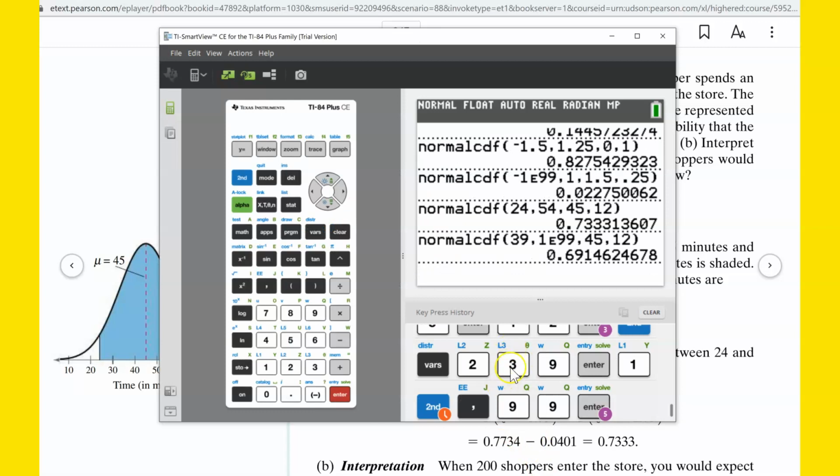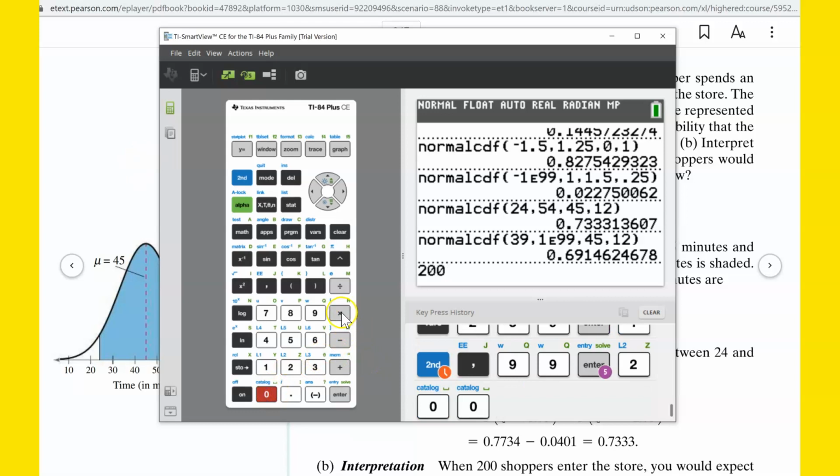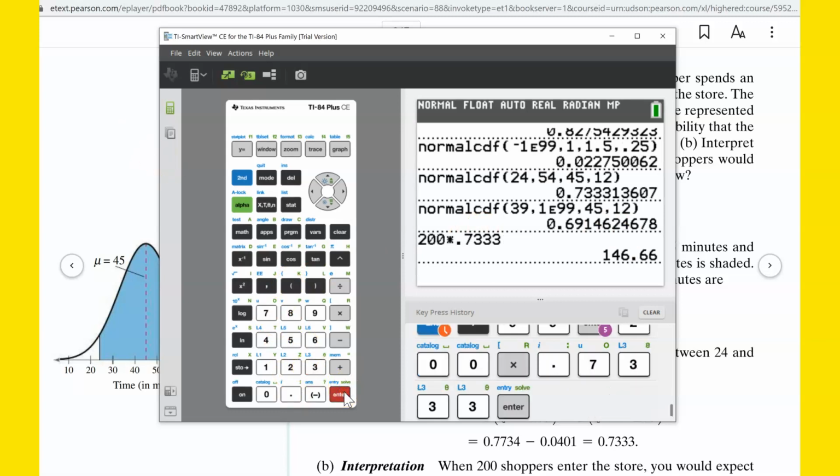So we would say 200 times this percent right here. 73% of those 200 shoppers are going to spend that much time. So 200 times 0.7333, and we get about 147 of those 200 shoppers will spend that amount of time.